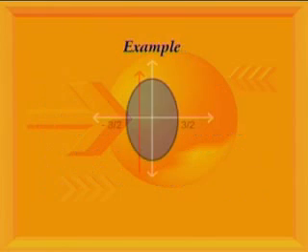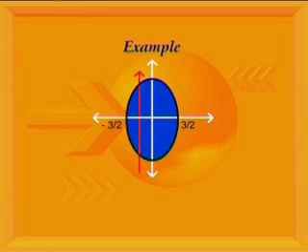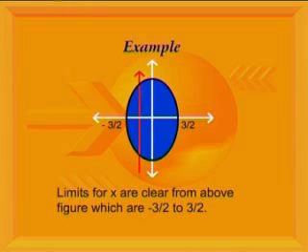For the x limits, it is very clear from the diagram that x varies from minus 3 by 2 to positive 3 by 2. We have found our limits.